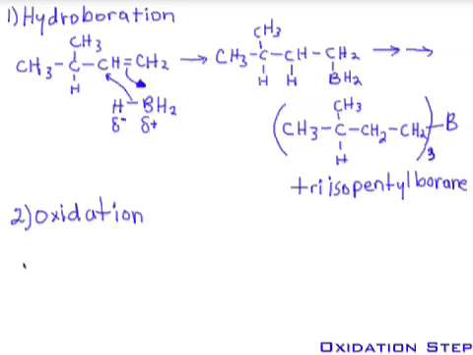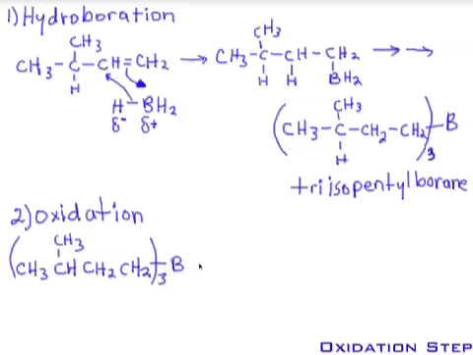So we can take our CH3, CH2, 3 of them on the boron, and we hit it with peroxide and base, H2O2 and hydroxide.